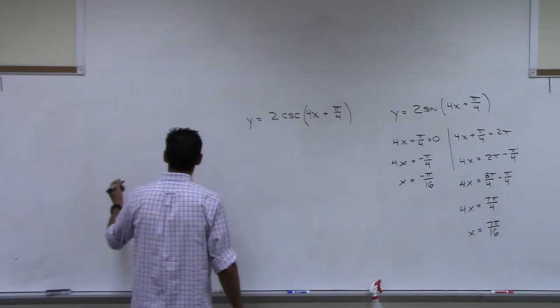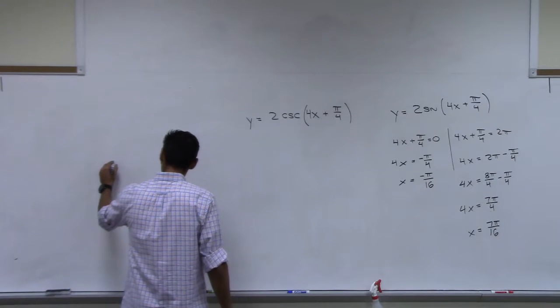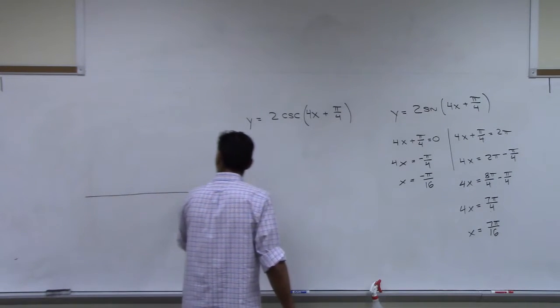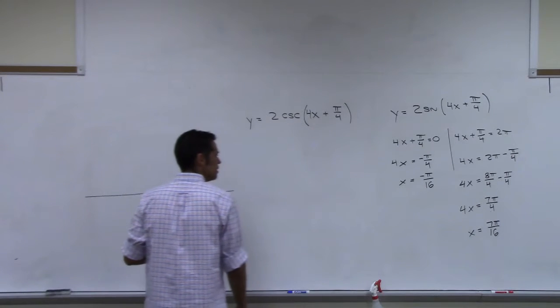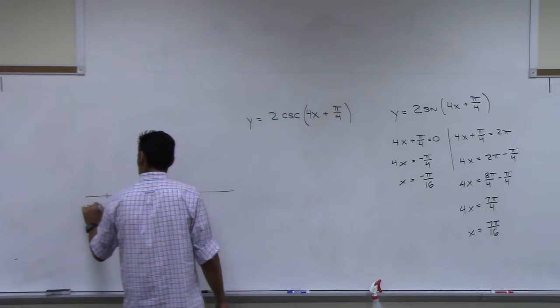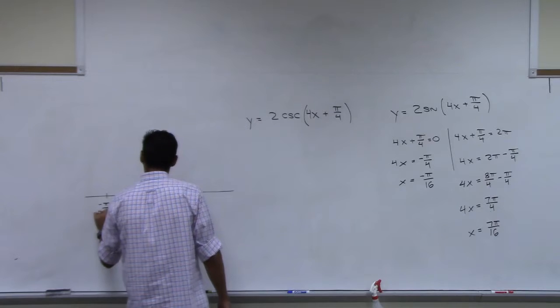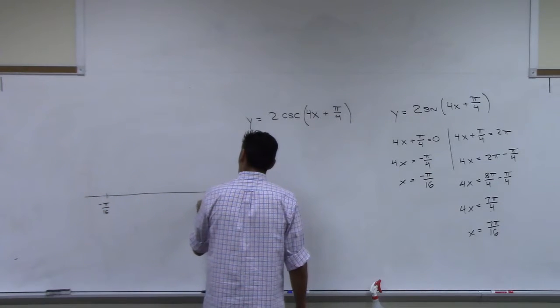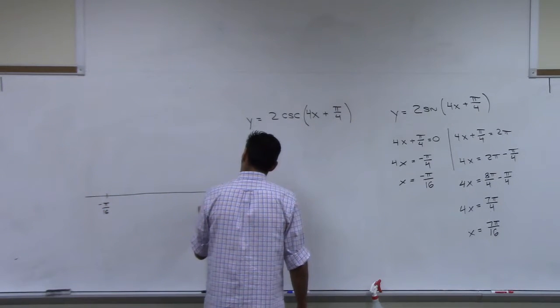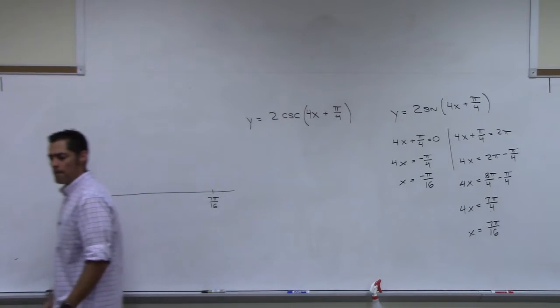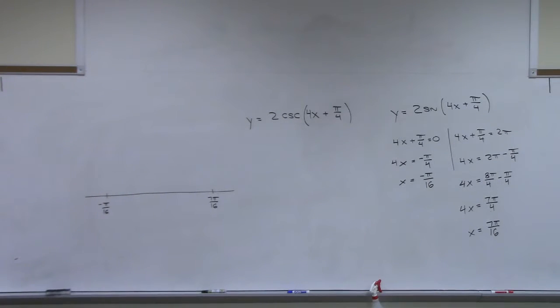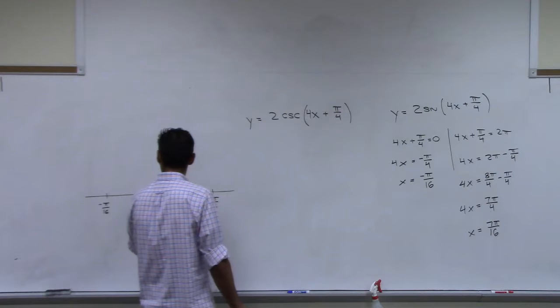I'm going to draw a number line. I'm going to put negative pi over 16 here and 7 pi over 16 here. Okay, now what? Find the middle of these.